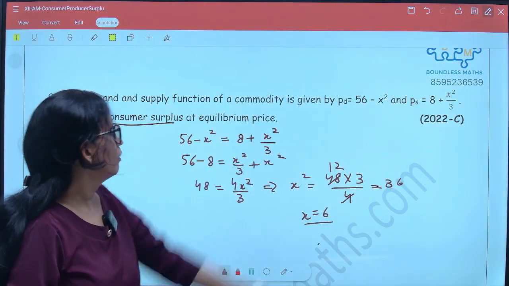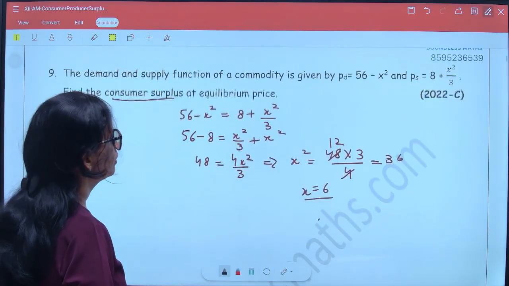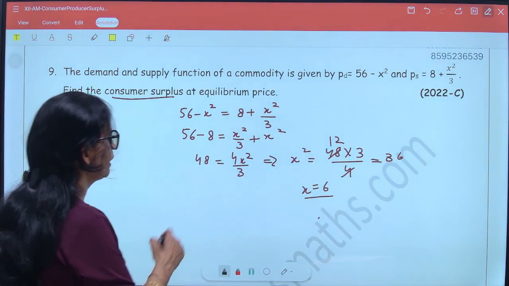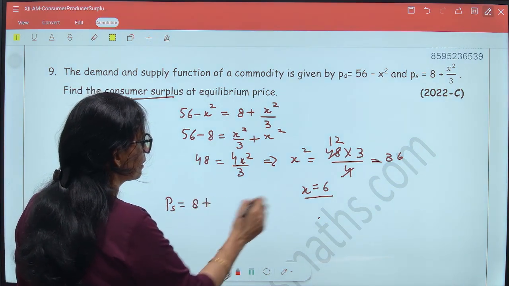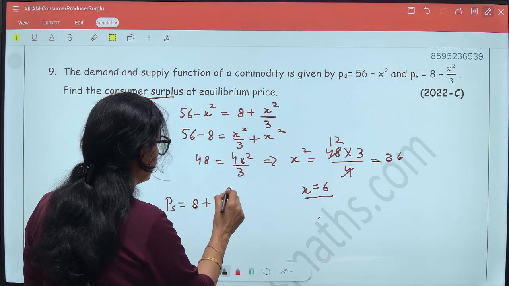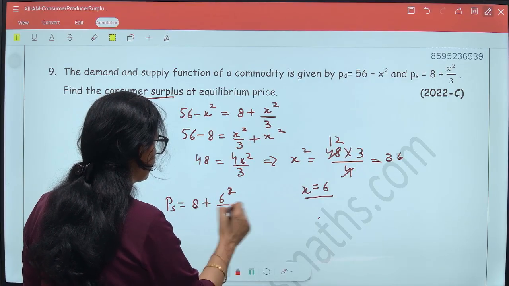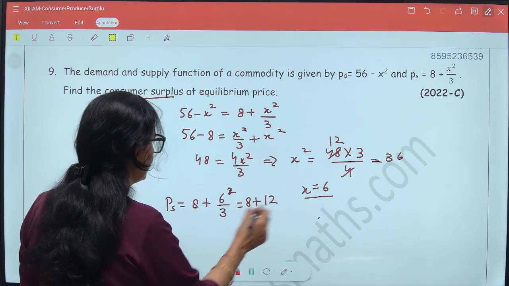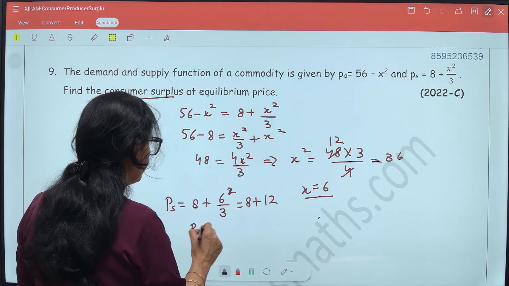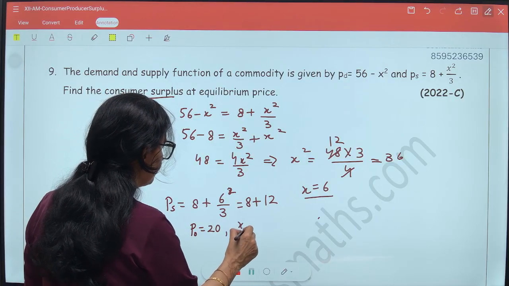Put it either in the supply or the demand function and we get the equilibrium price. So let's use the supply function. It becomes 8 plus x square, 6 square by 3, 36 by 3. So it is 36 by 3 is 12. That means the equilibrium price is 20 and the equilibrium quantity is 6.